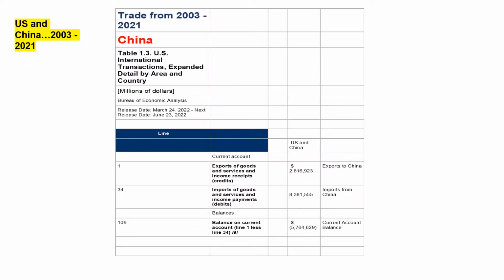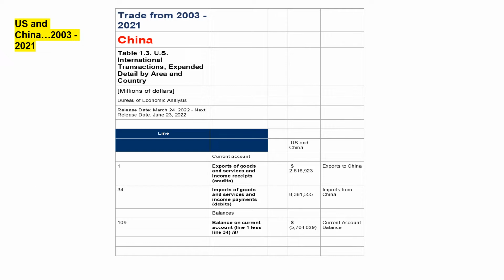Now, in this chart, this table, however you want to look at it, I've put together something where we're looking at the relationship between the U.S. and China, totaling up these export and import balances and the current account balance with China from 2003 through 2021. If we look at these current account balances, it's huge. We're looking at $5.8 trillion in that imbalance of trade.